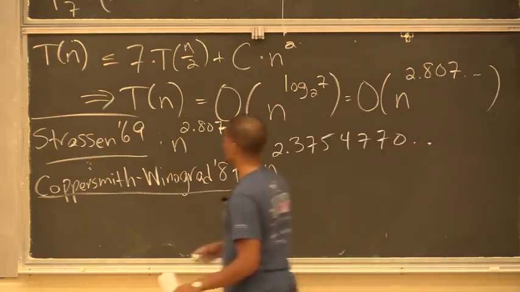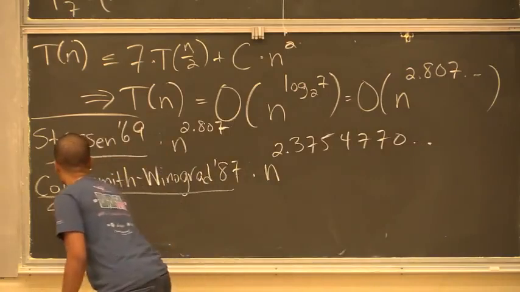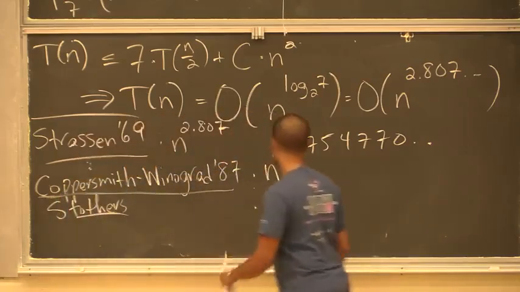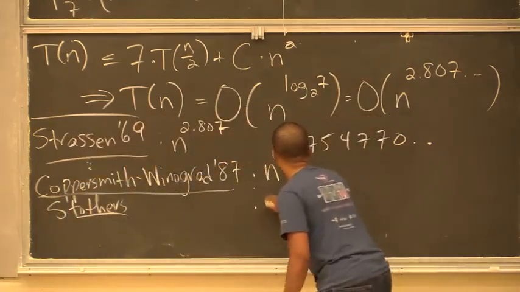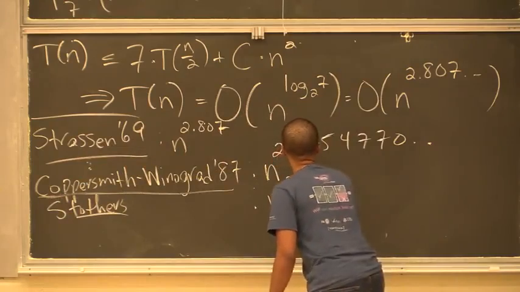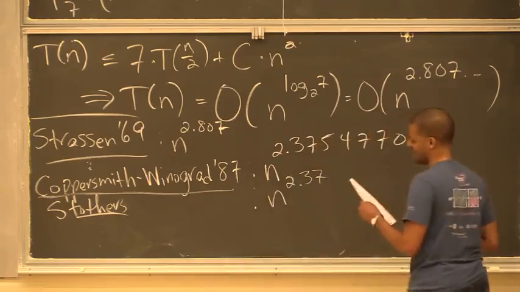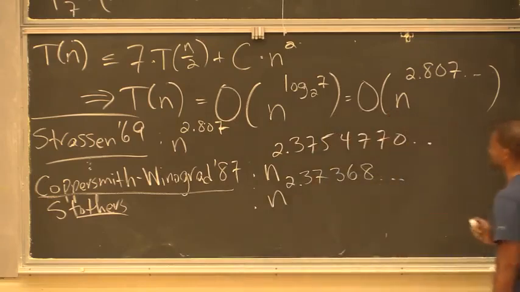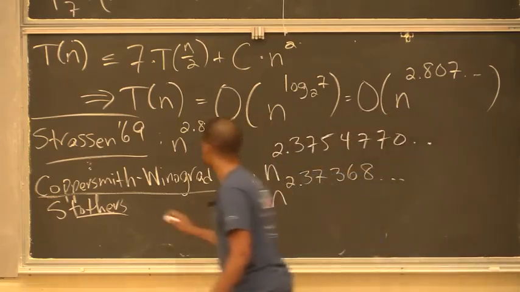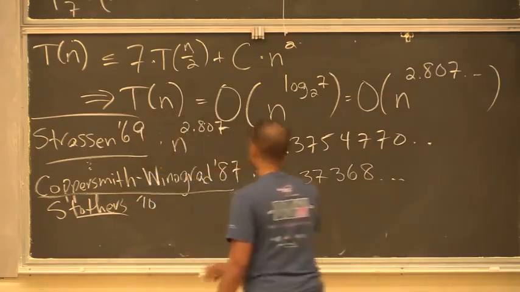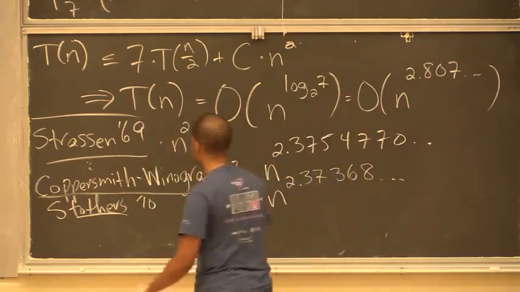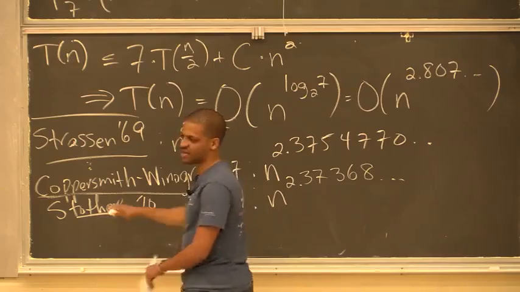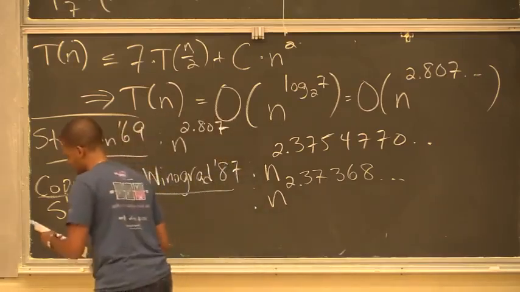And then there was a PhD thesis by this guy named Stothers. And what he could get was n to the 2.373, okay? And then you get improvement in the next digit, 368. Okay, and that was in 2010. And there was another paper around the same time. It actually came after, but it was done kind of independently of knowing about Stothers' work, by Vassilevska Williams.